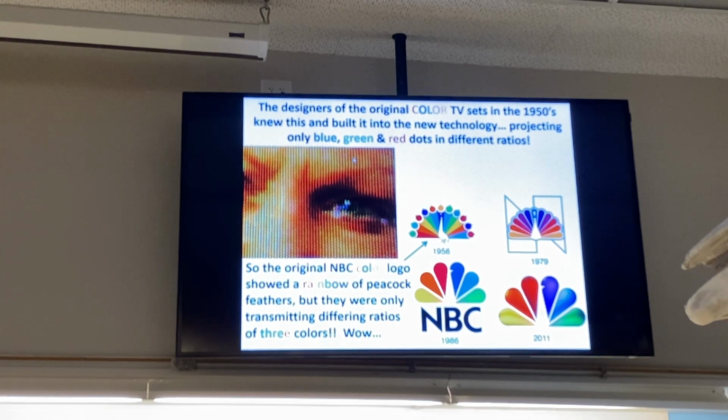Yeah, the original color TVs were sending colored dots, and they were only blue, green, and red. And the reason why I made this slide is because NBC used to tout how they're broadcasting more programs in color with their peacock. And the peacock showed all the colors of the rainbow. Yet you're only projecting 3 colors. Wait, what?